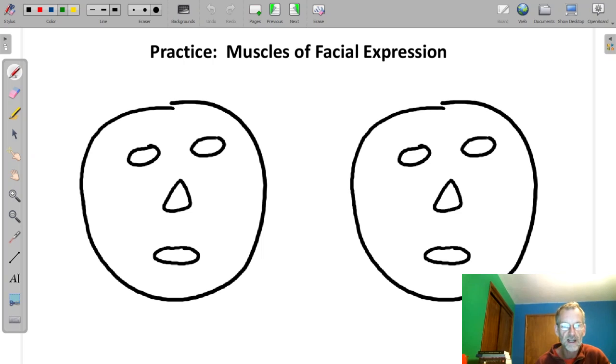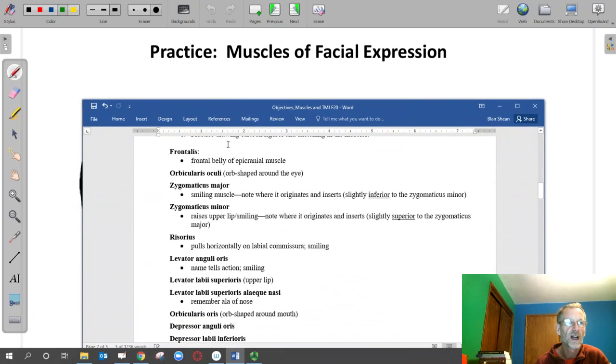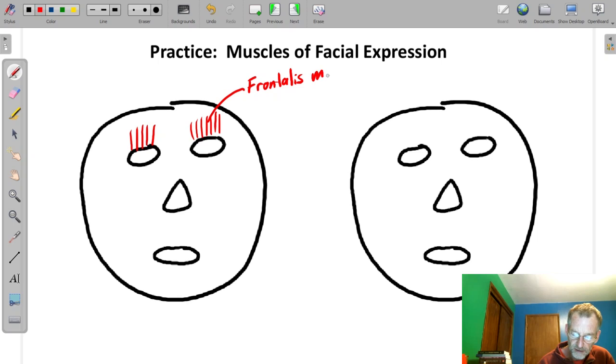So looking at the list again, frontalis, and then you have your orbicularis oculi, etc. Okay, so the frontalis muscle. I would do something like this. That's good enough. Label it and spell it correctly. I'll abbreviate muscle, which you can do also if you like, with just a little M period. There you go.